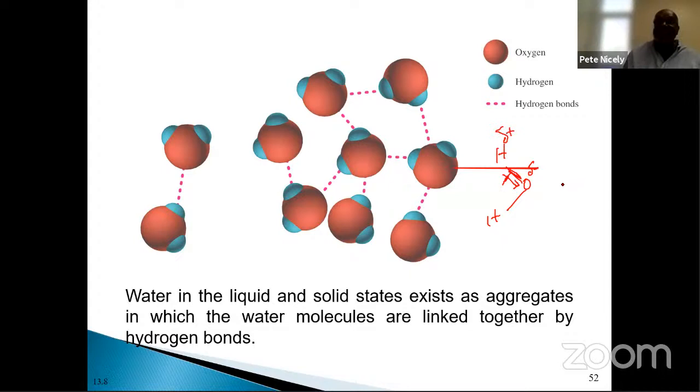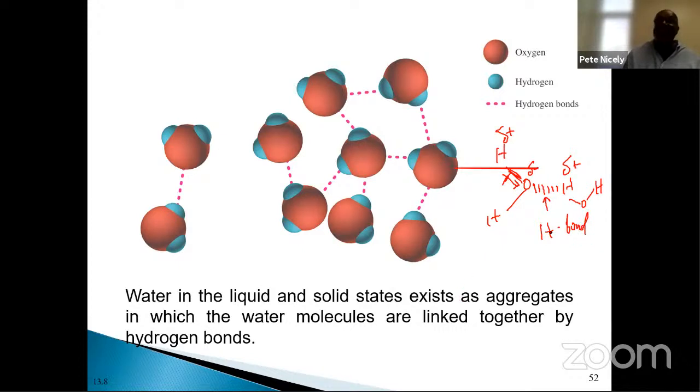That means another water molecule can come close to the first water molecule, and this negatively charged oxygen will attract the positively charged hydrogen. So that interaction right here is the hydrogen bond that exists between the hydrogen of one atom and the oxygen of another atom.